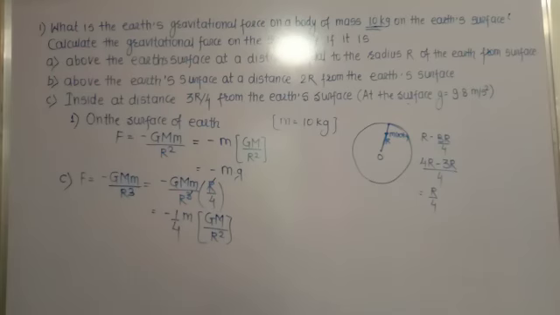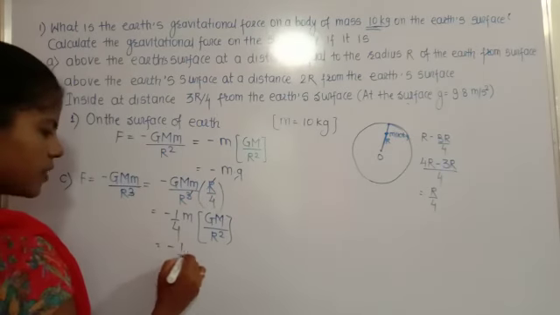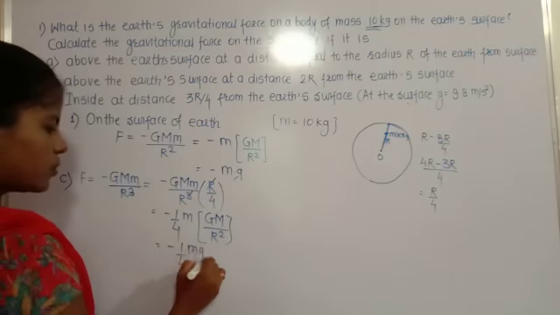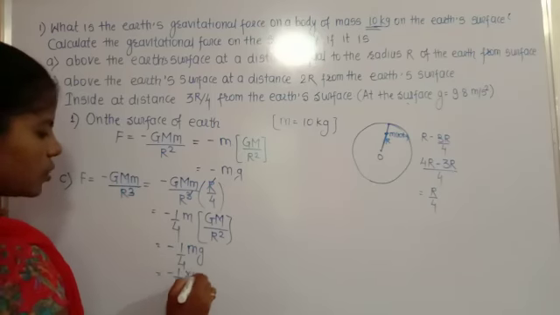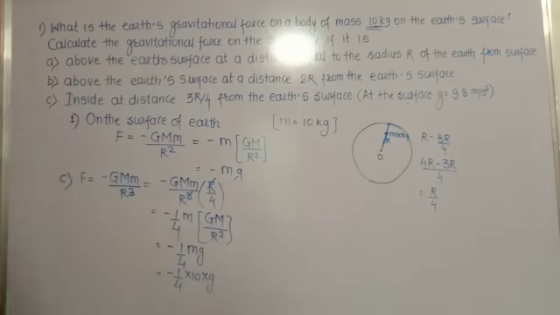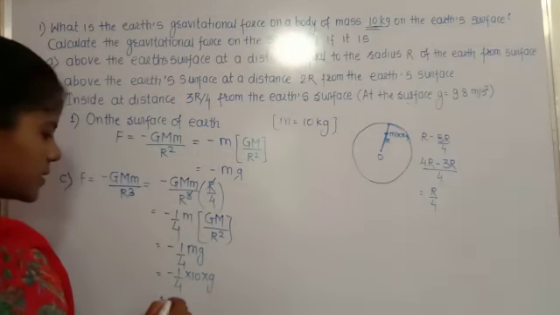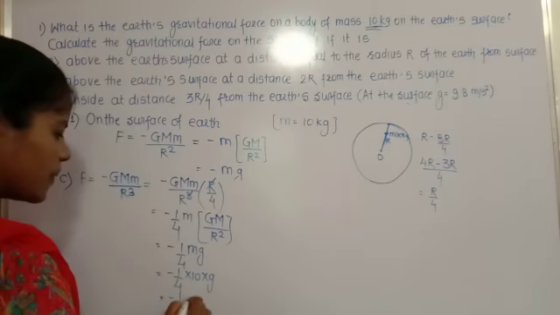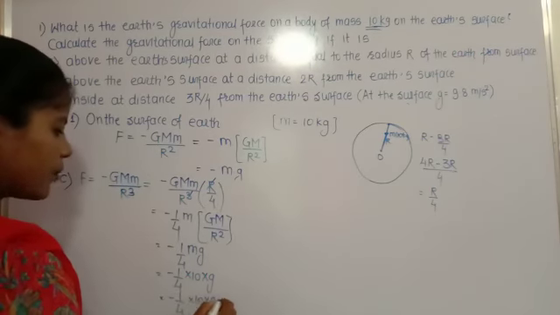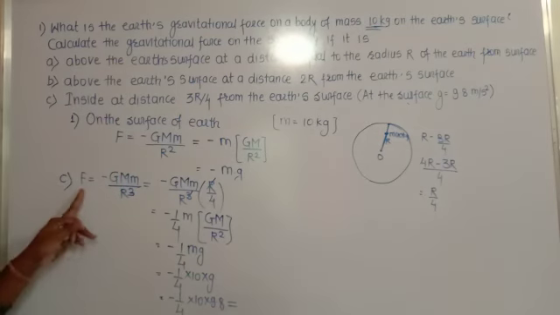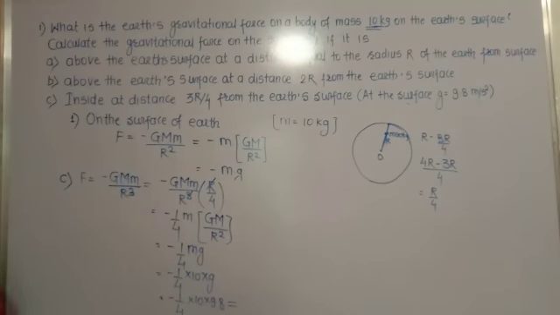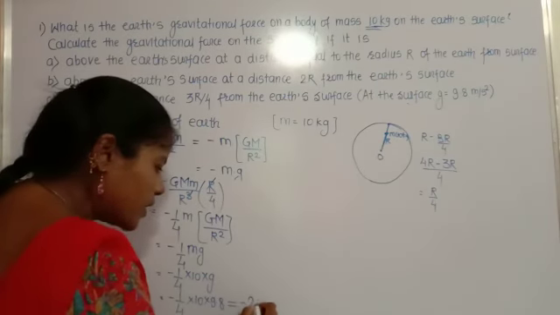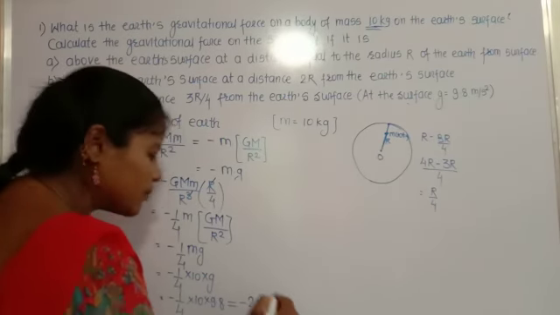Then again we get minus 1 by 4 m into G, which equals minus 1 by 4 into 10 into 9.8. We get the value F for the third term, inside at a distance 3R by 4, the same, minus 24.5 Newton.